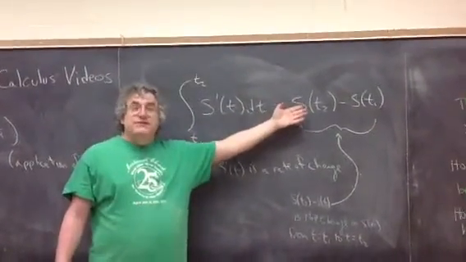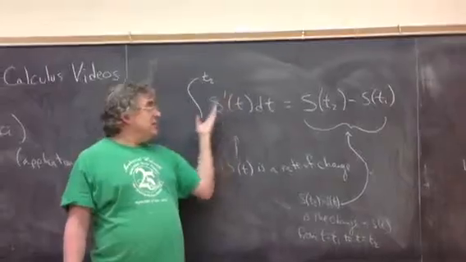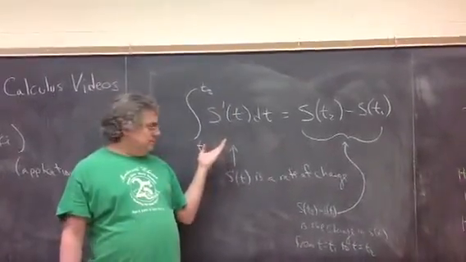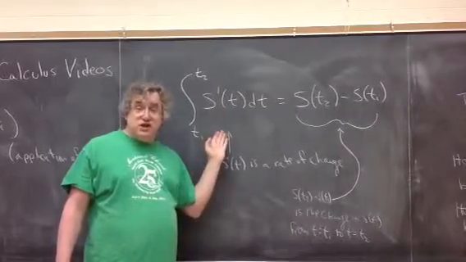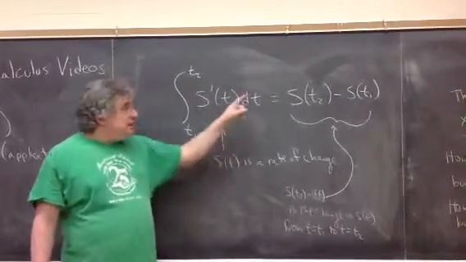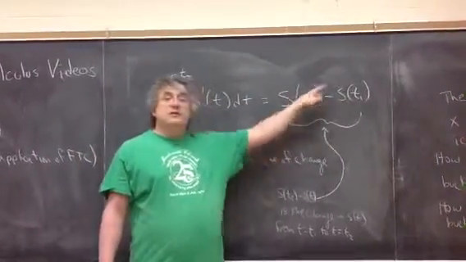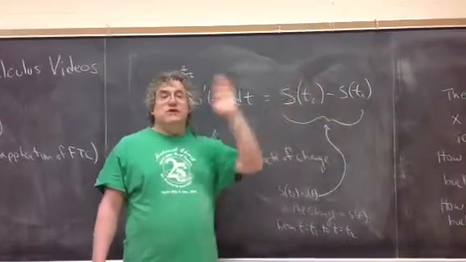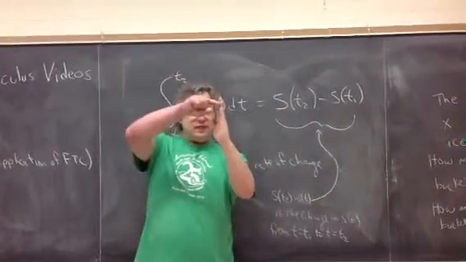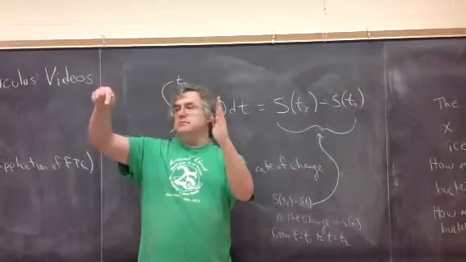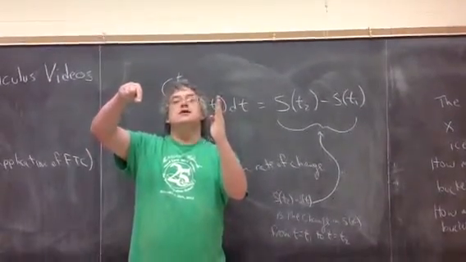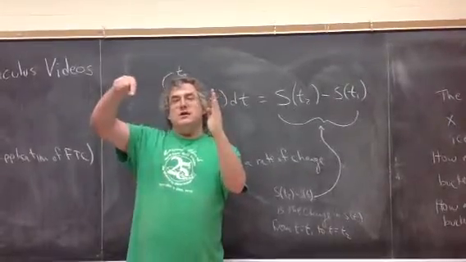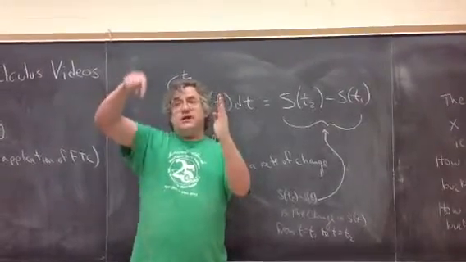Typically, we use s for position, where s prime might be like velocity. So this is saying the integral of the rate of change, the integral of velocity, is the change in position. So if you start here, and then you move 8 inches this way, in the positive direction, this is not what the integral is.